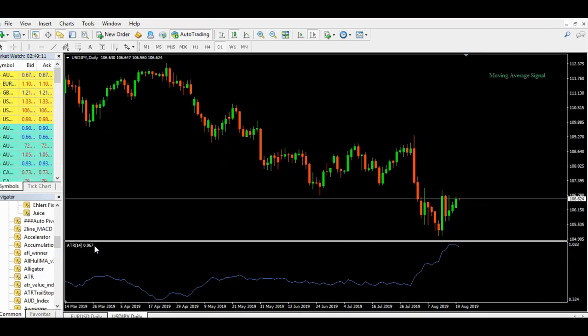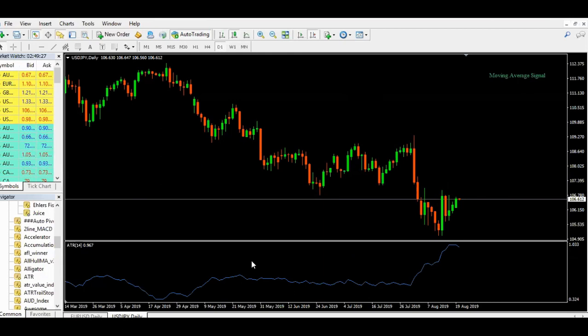And we've said the last digit here is the pipette. It is not regarded. So here we have 96. Therefore, the value of this ATR is 96 pips.